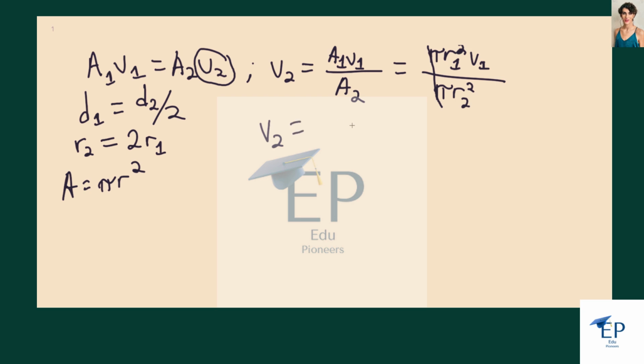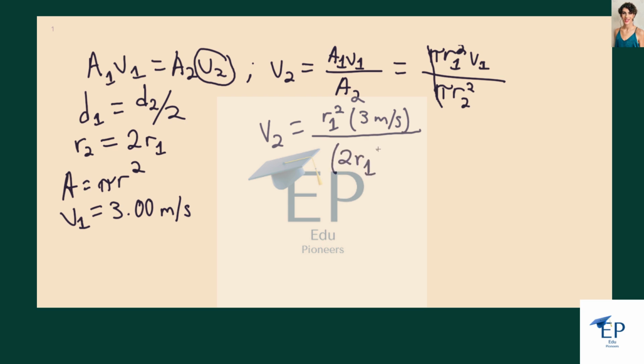So v sub 2 will simply be r sub 1 squared, and then v sub 1 is going to be that velocity, which is 3.00 meters per second, divided by 2r sub 1 squared, because the radius of the second section of this pipe is going to be twice the radius of the first section of this pipe.